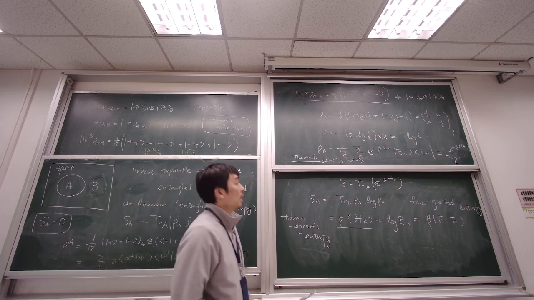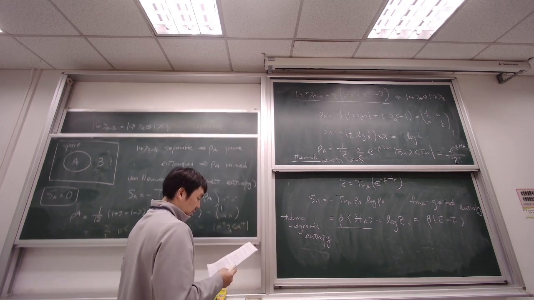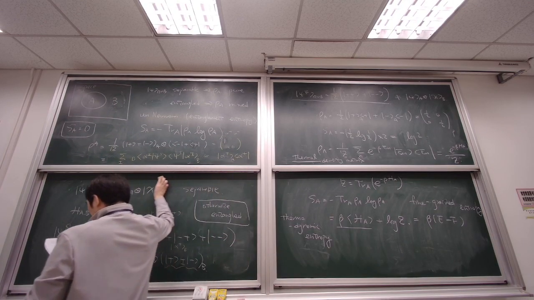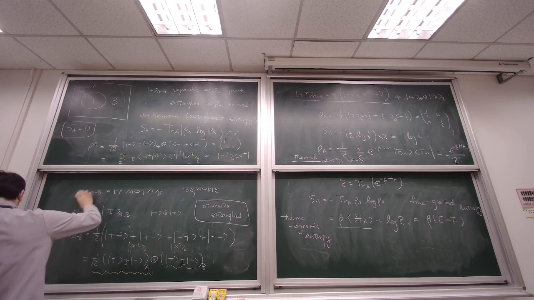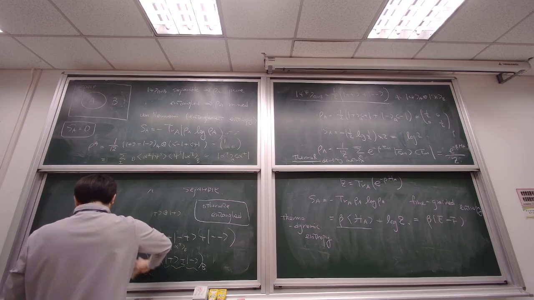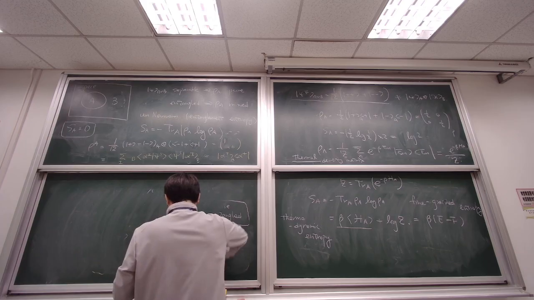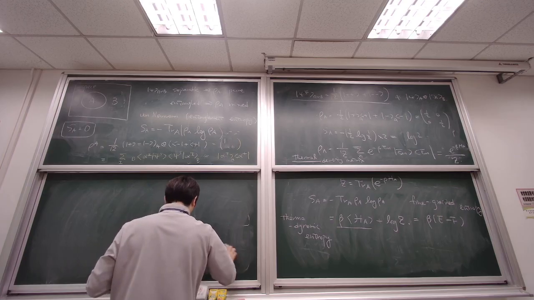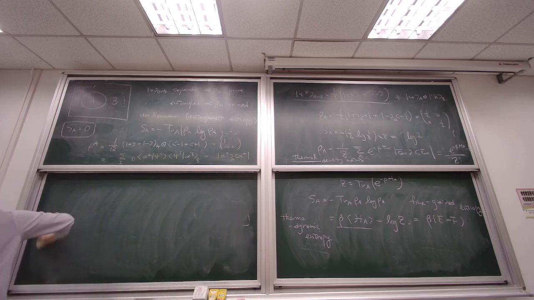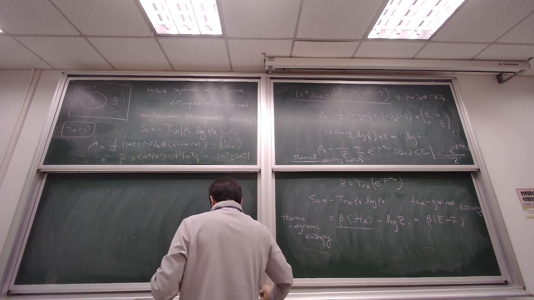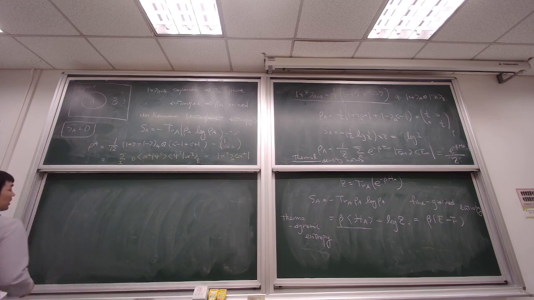And this has a lot of properties. So I'm not going to derive everything. There are lots of properties, and it's not so important to list everything.